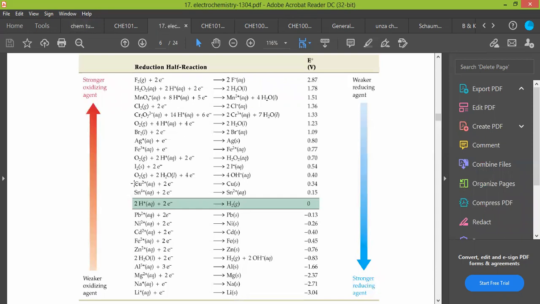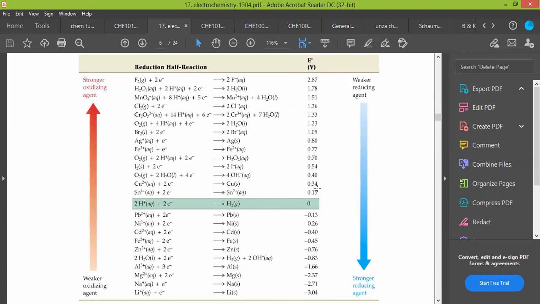But we have for copper here, Cu2+ plus 2 electrons, the potential is 0.34. In our question, it has been reversed. Remember, here it is written in its reduction state, so reduction is positive.